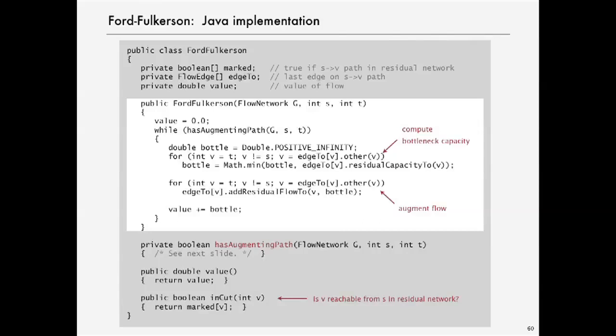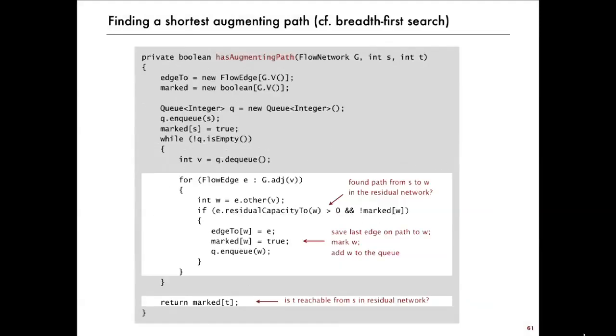So now all we have to do to finish is to look at hasAugmentingPath, which is the graph search in the residual network. For this example, we'll use breadth-first search, although the other search algorithms that we've studied can be adapted in the same way: depth-first search, or using a priority queue as in Prim's algorithm or Dijkstra's algorithm.